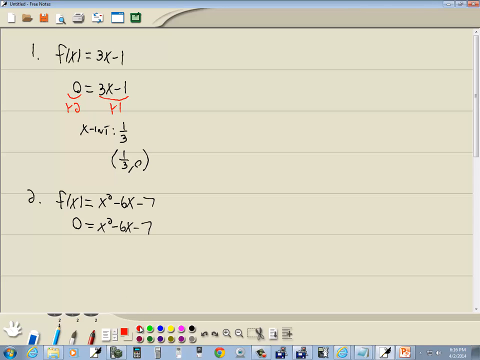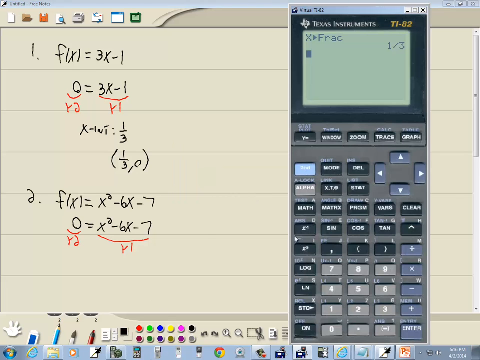And again, we're going to put this on y1, and we'll put 0 on y2, though it's already there. Okay, so press y equals, clear, and then my x key, x squared, minus 6x, minus 7. And we already have 0 on y2, so that's good.